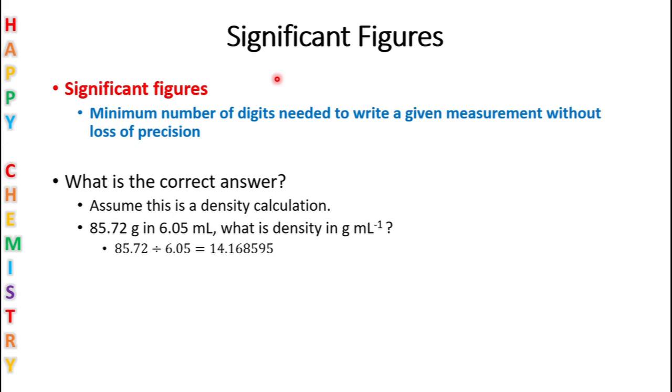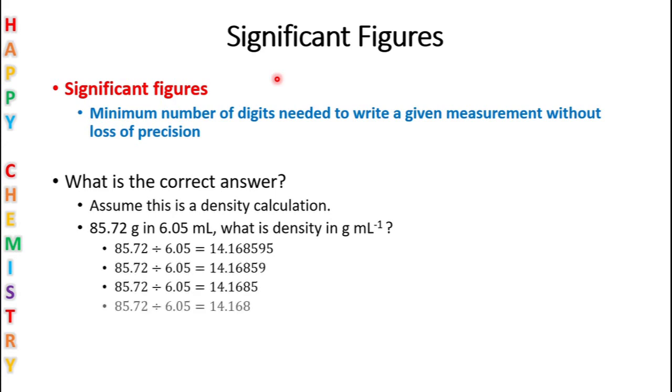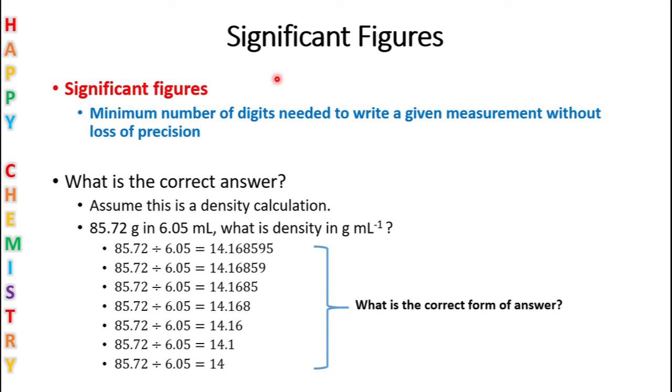So, in what form are you going to present your answer? Most importantly, what is the correct form of the answer? We have to present the answer without underestimating or overestimating the number of digits. To do that, we need to understand the concept of significant figures.